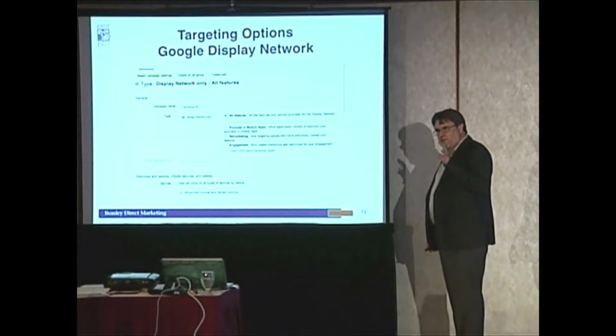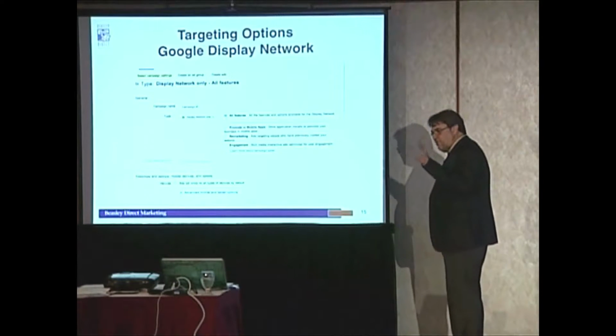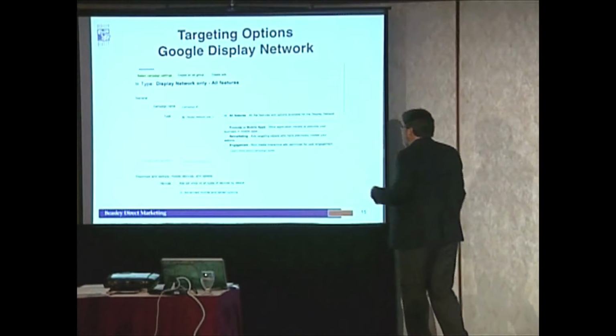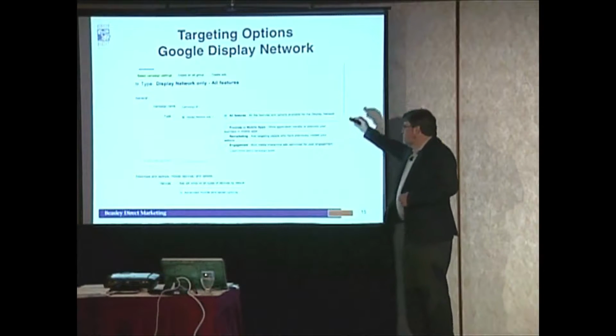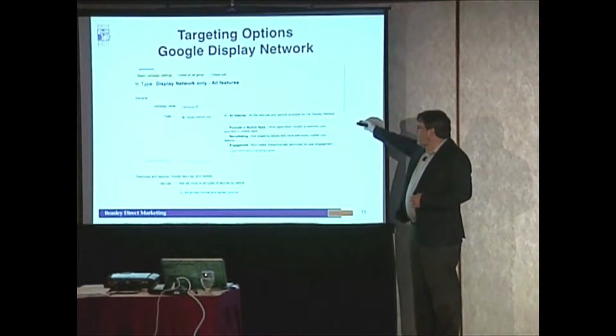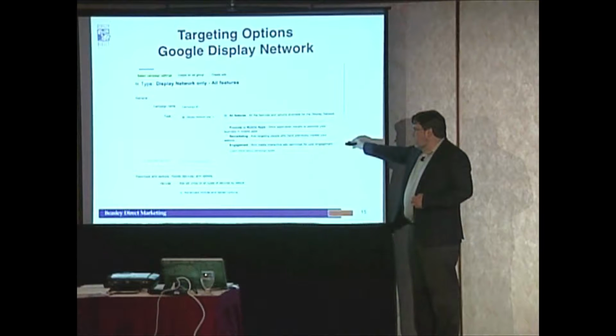Okay, so let's take a second and look at some targeting for display networks. Your basic is all features and options. You can promote them specifically in mobile apps. We spoke about that. You can promote them specifically in remarketing. You can create engagement ads.